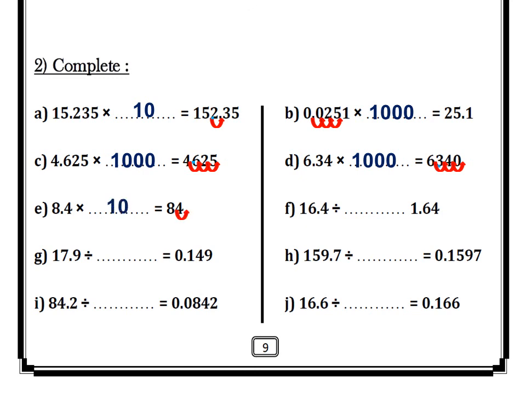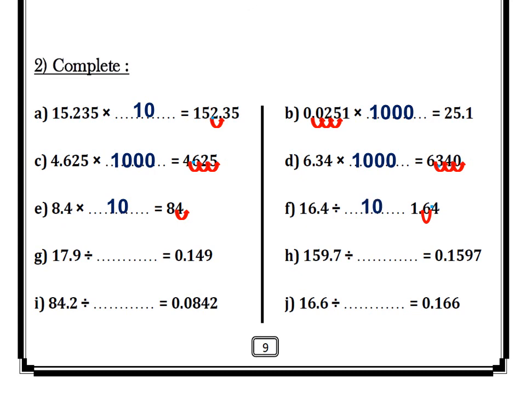In question F, this time I'm going to divide. So 16.4 divided by what equals 1.64? As you can see, the decimal point was between the 6 and the 4, and it moved backward 1 step, so I divide by 10.